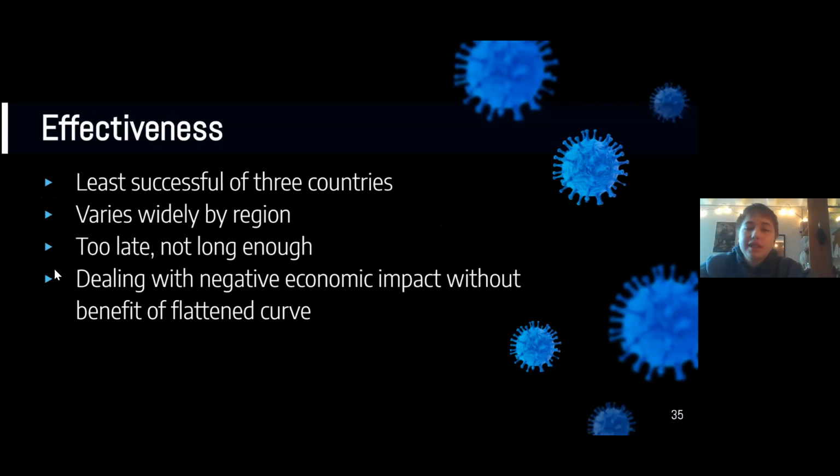So we can say that the lockdown in the US was the least successful of the 3 countries in mitigating the virus, but this does vary widely by regions, like we saw. And similar to the other 2 countries we looked at, it was implemented later than ideal, and had it been implemented earlier, there would be a decrease in deaths and cases.